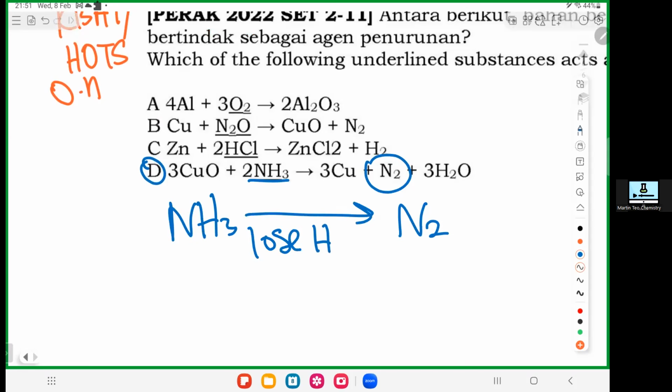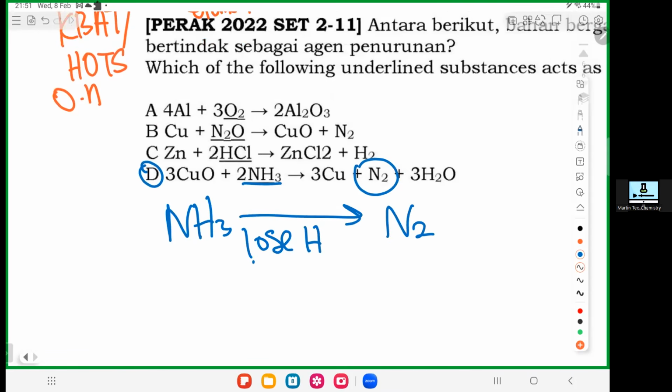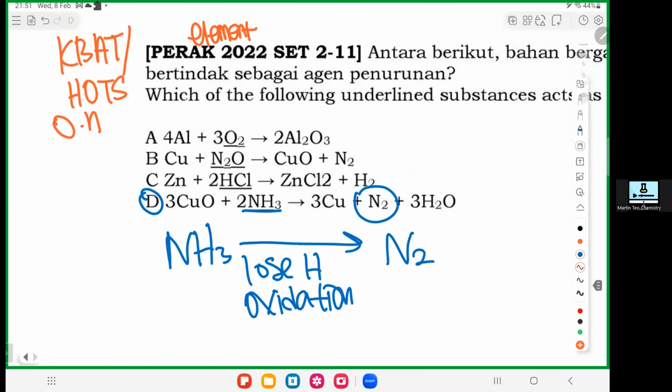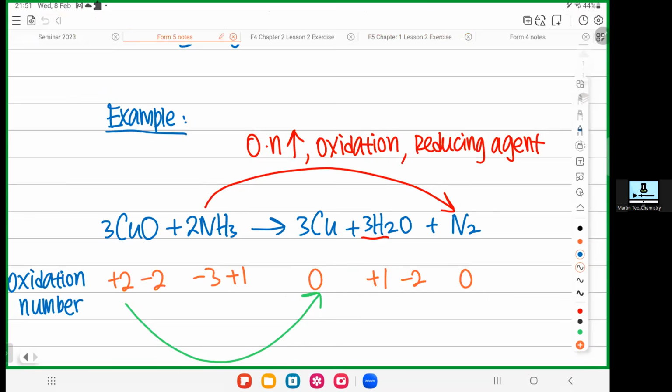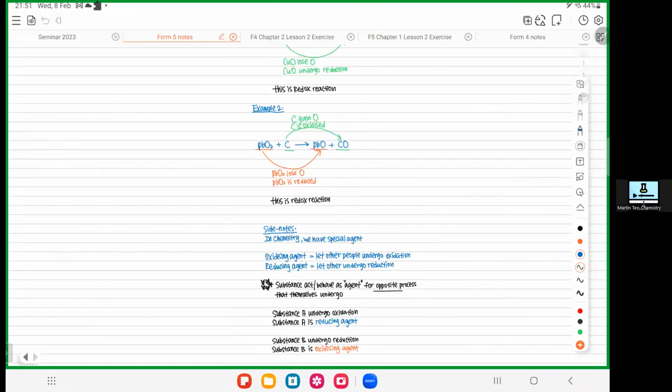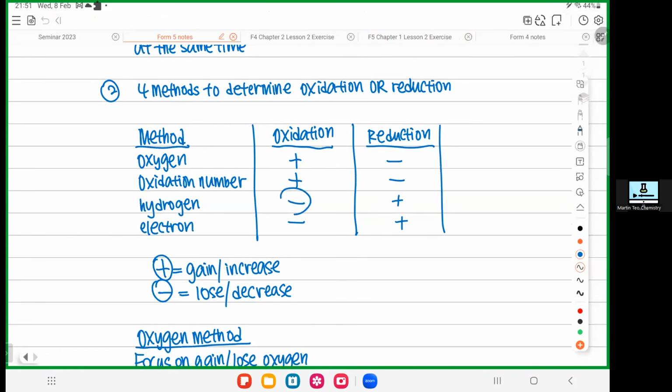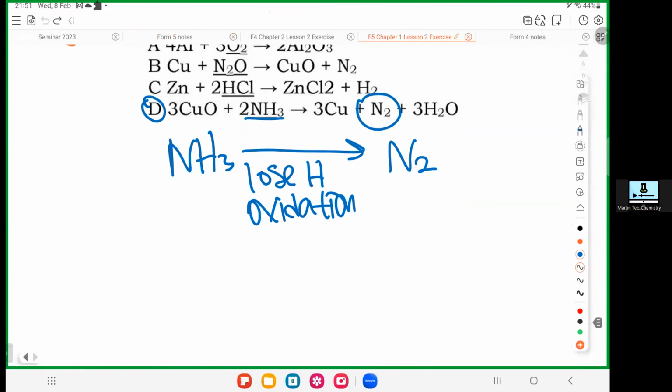It lost hydrogen. As we learned in the last lesson, losing hydrogen is an oxidation process. Look back at the table we learned. So when you undergo an oxidation process, you become the reducing agent. So the answer is D.